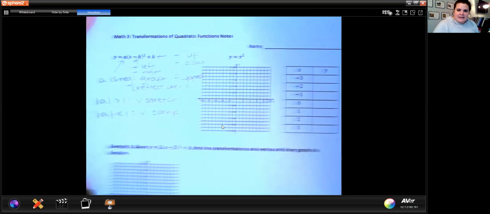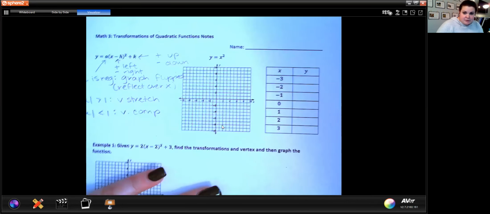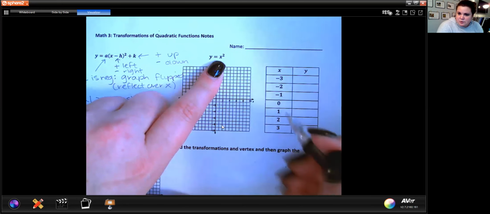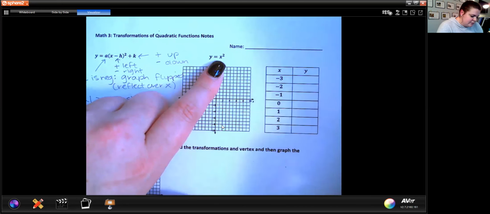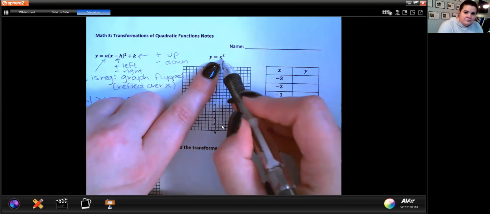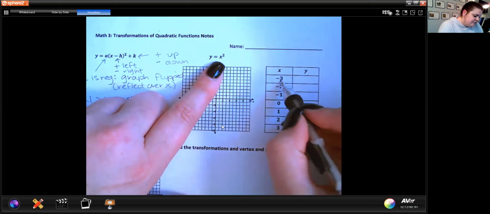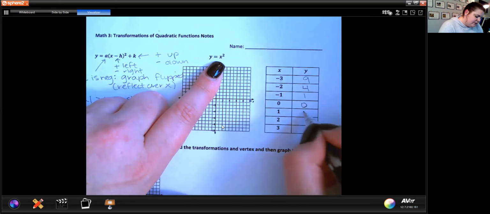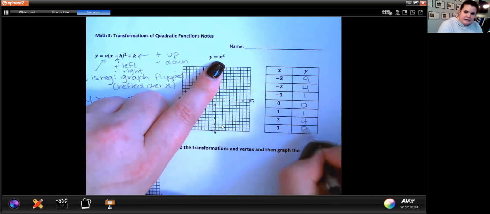All right, as far as the overall shape of a parabola, this is the parent function we have, y = x squared. It has no transformations to it when you write it like this. So if we think about plugging the numbers of x in for the x squared, we have -3 squared, which is -3 times itself, that's 9. -2 squared is 4. -1 squared is 1. 0 squared is 0. 1 squared is 1. 2 squared is 4. 3 squared is 9.